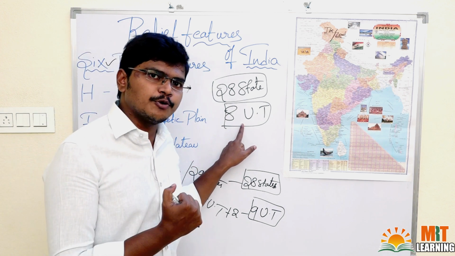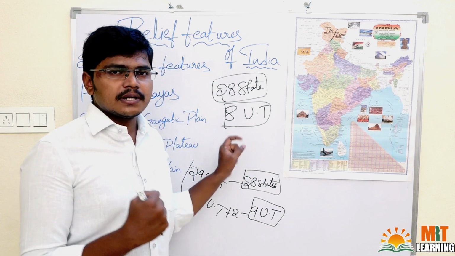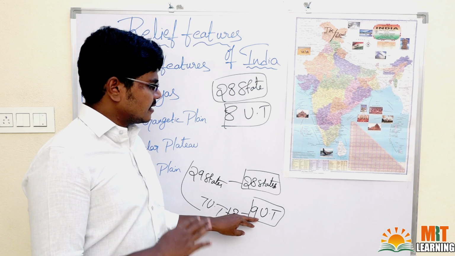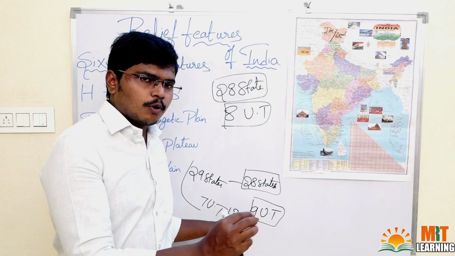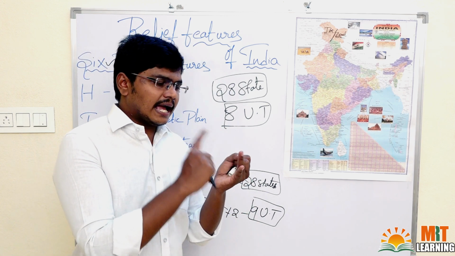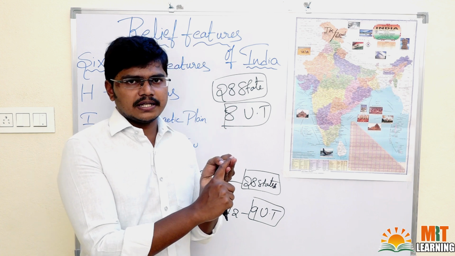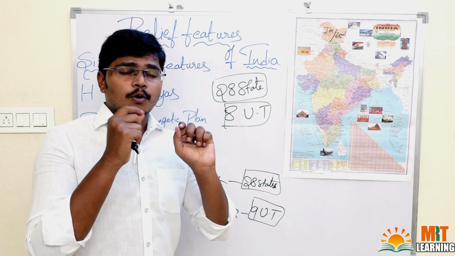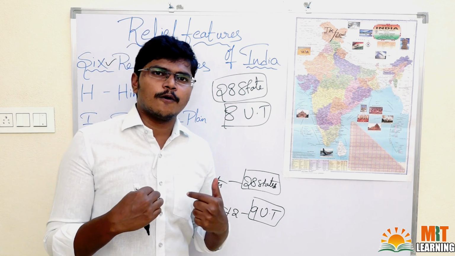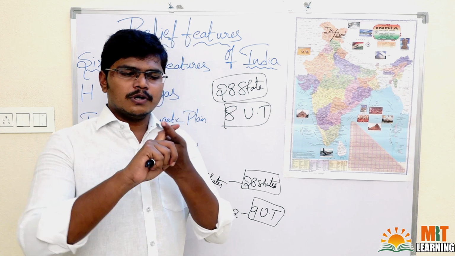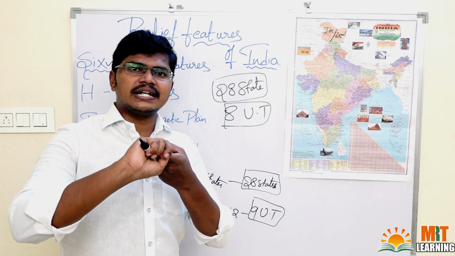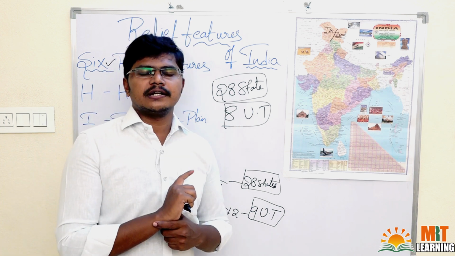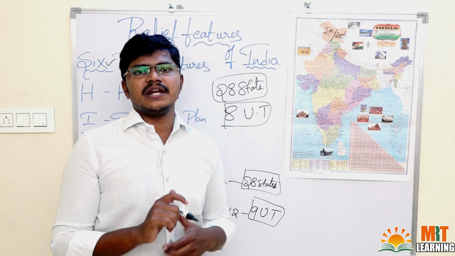Why did I write 8? Because of Daman and Diu and Dadra Nagar Haveli, two union territories near each other. Our central government decided to make these 2 union territories a single union territory for better administration.